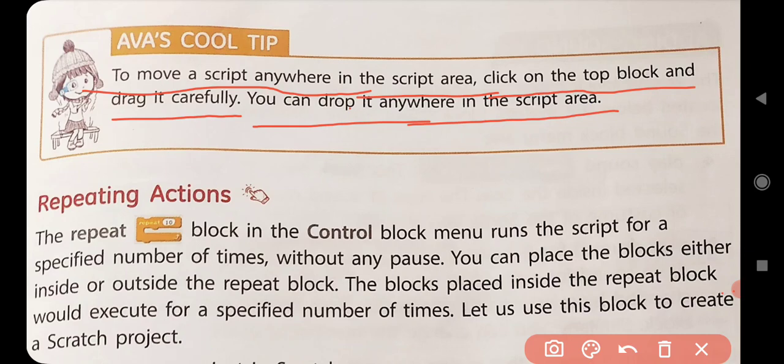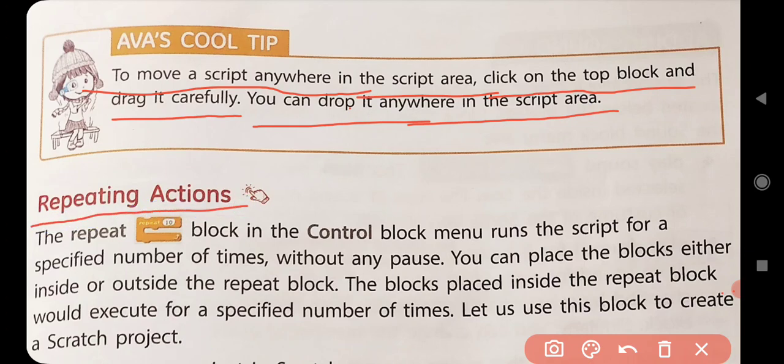So first we have to click on the top block and then carefully drag it anywhere in the script area. So this is our cool tip. Now let's start the repeating action.